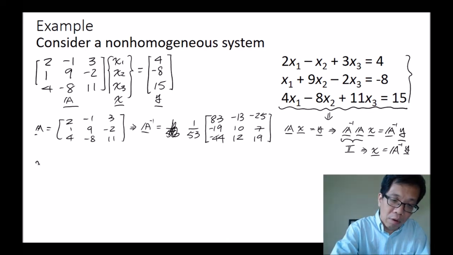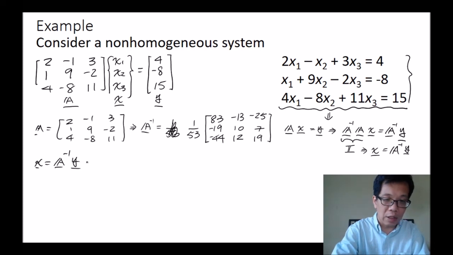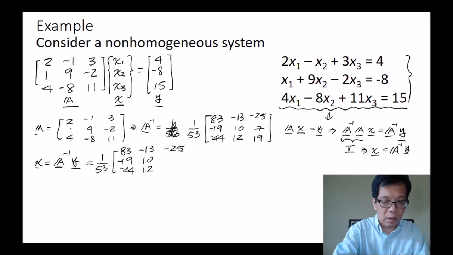Now, we want to find out x. So it is going to be the inverse matrix multiplied by the output. So if we do that, we got 1/53. Again, use the matrix we just found out. Over here, I got 4, -8, and 15.